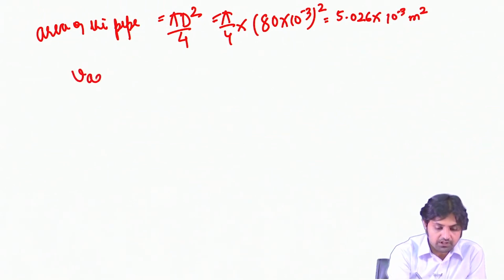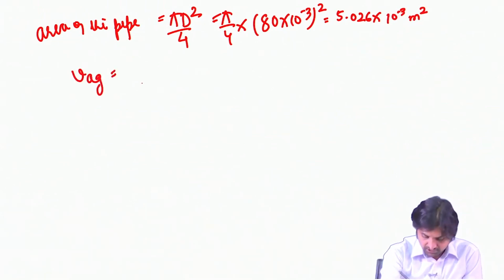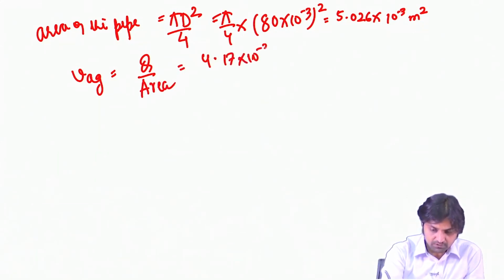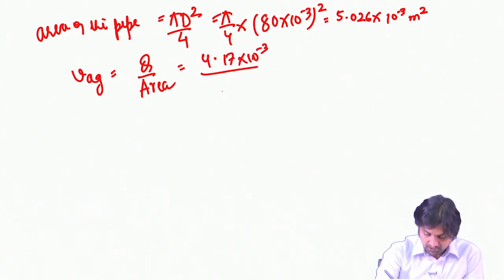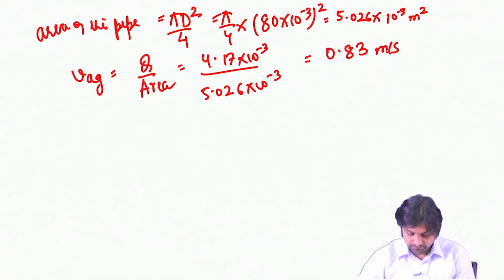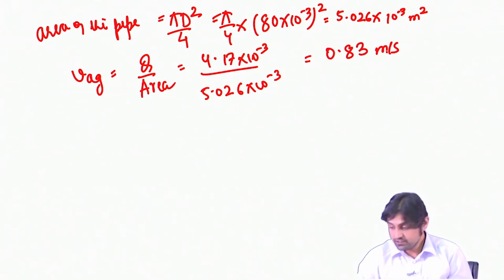So, the average velocity is Q by area, which is 4.17 into 10 to the power minus 3 divided by 5.026 into 10 to the power minus 3, equal to 0.83 meters per second.